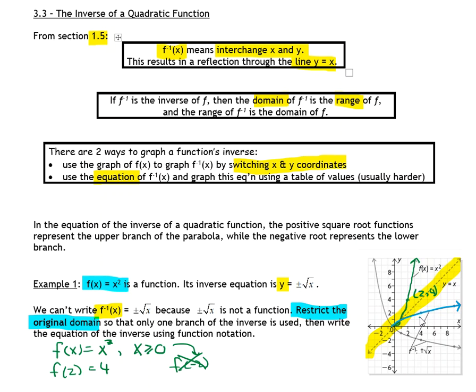Right here is 4, 2. That tells me which side I'm using. Because 4, 2 is not down here, I know that this part is the part that was erased. So now my inverse is a function. So now I can say f inverse at x equals the positive square root of x, because I got rid of the bottom.